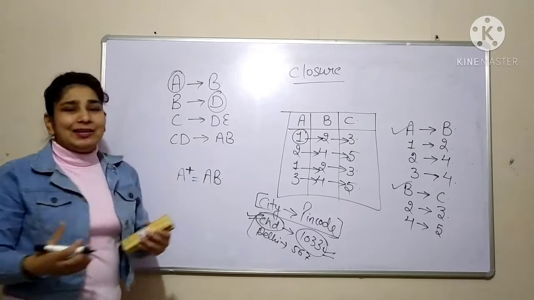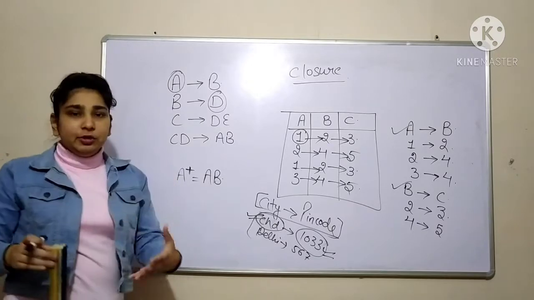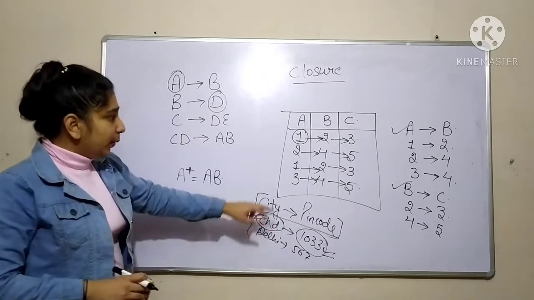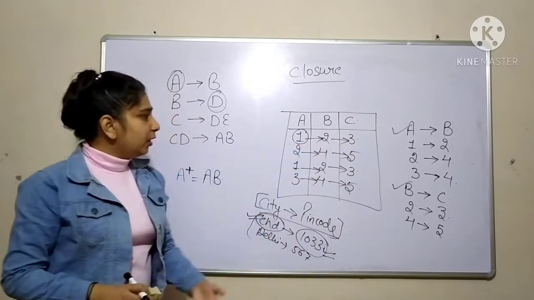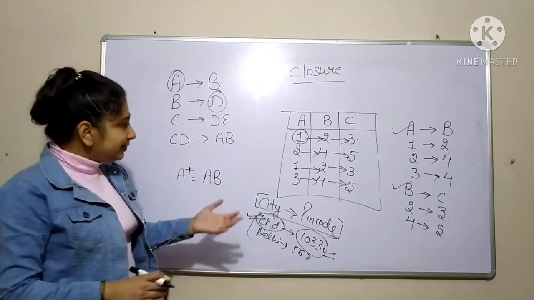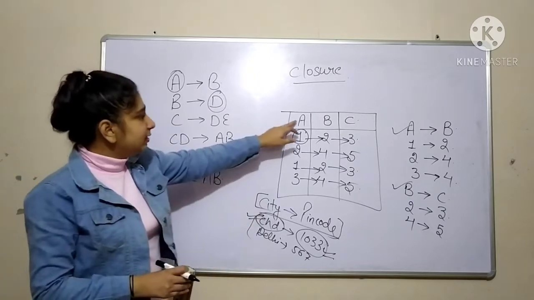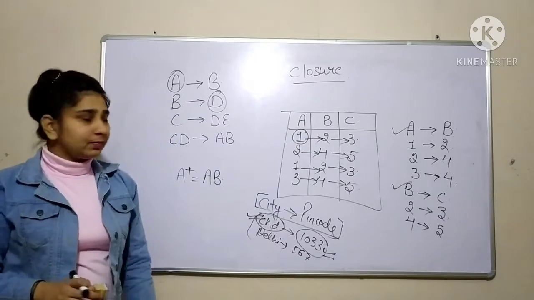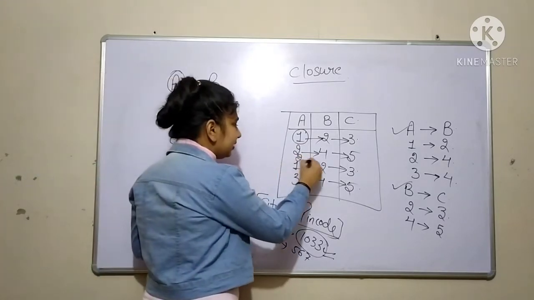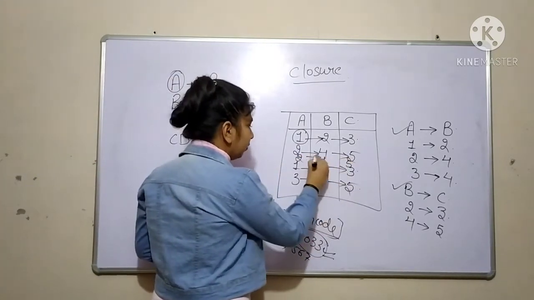Just try to imagine any relation in your mind this way. It is functionally dependent on it, it is functionally dependent on it. So definitely you would be determining the value of C from A. Let's suppose this one more row.